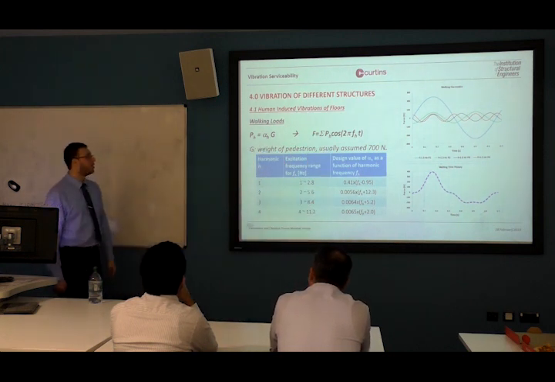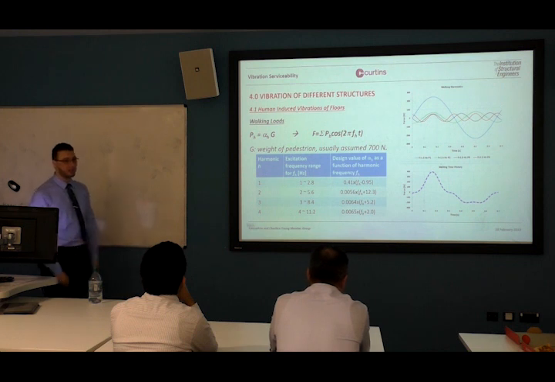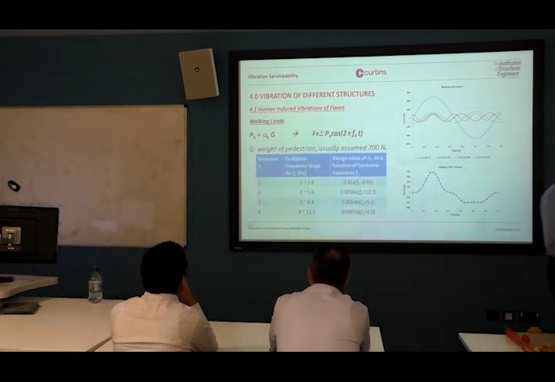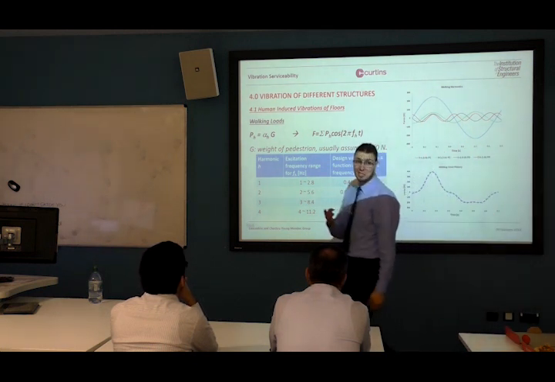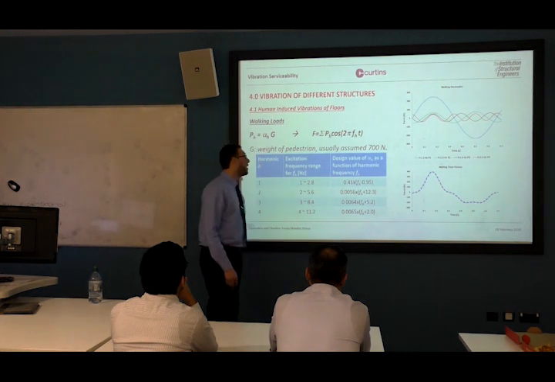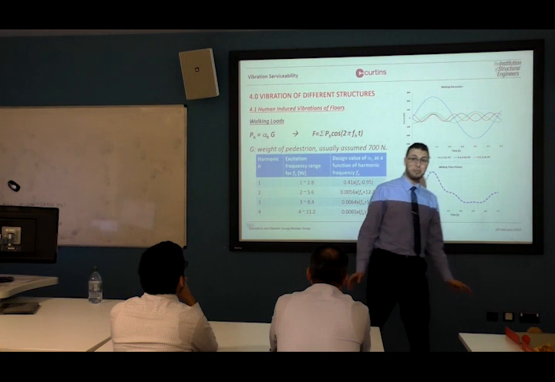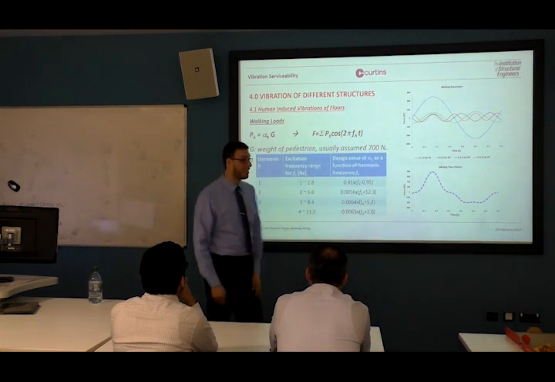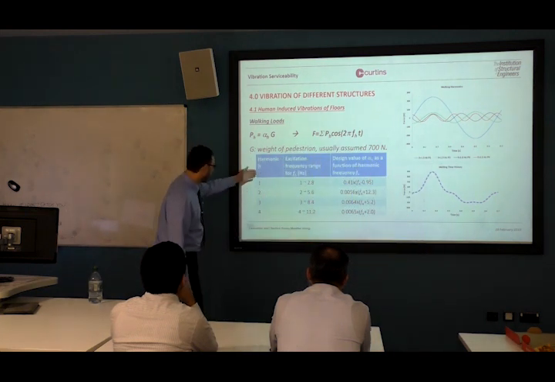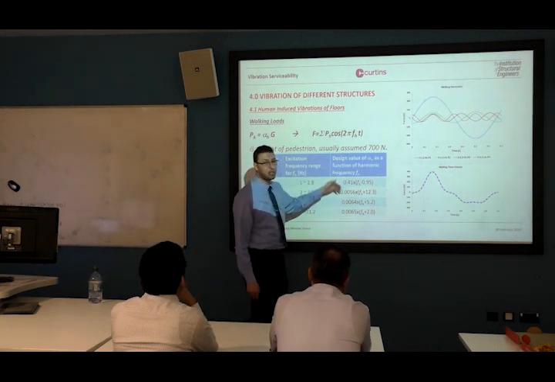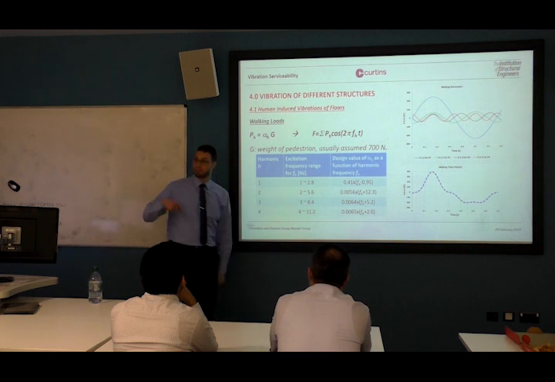If I'm walking, let's say, at 2 Hertz, then my first harmonic is at 2 Hertz. The second harmonic is at 4 Hertz. The third harmonic is 6 Hertz. And the fourth harmonic is 8. Easy. And then, for each harmonic, I get how much amplitude I can get.